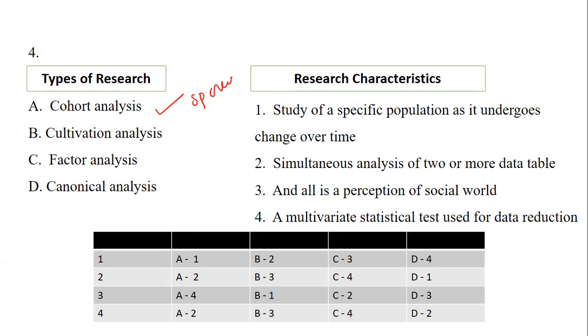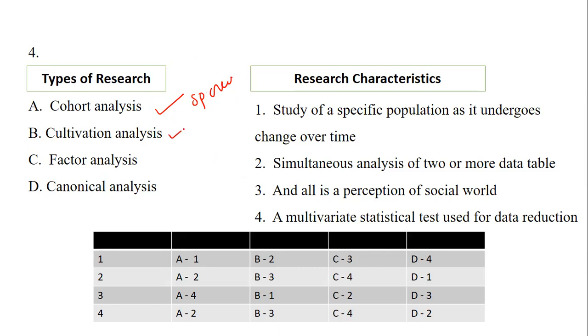You observe the behavior of the group, with individuals who share certain common characteristics. You understand the demographics, such as their spending. Let us take an example: the spending habit of an individual, the health, the behavior. So cohort analysis helps to understand a specific population over a period of time, right?